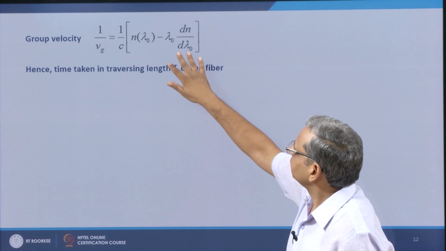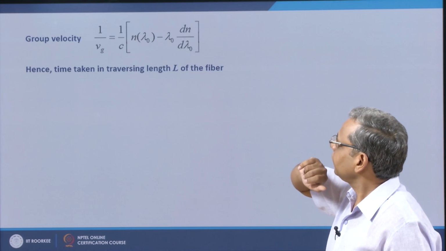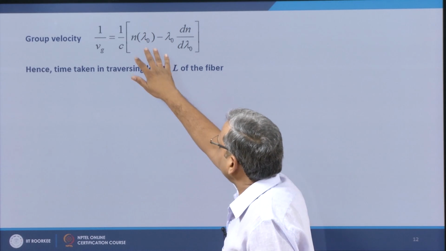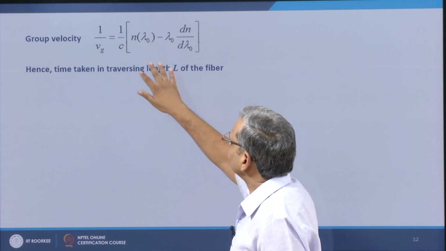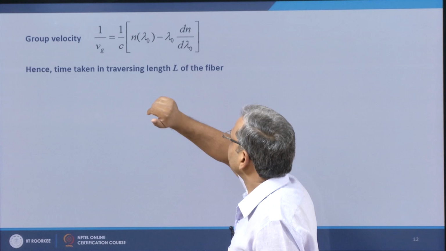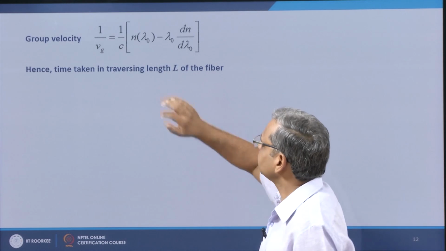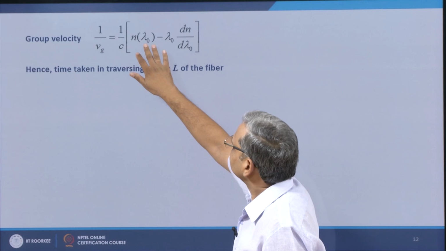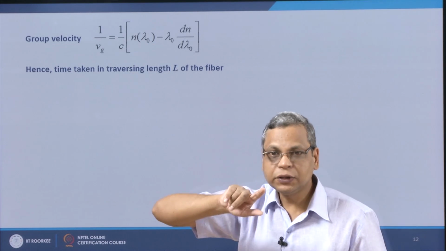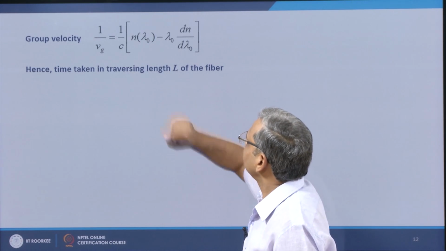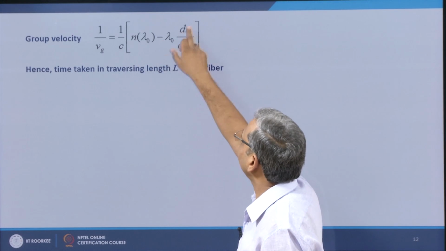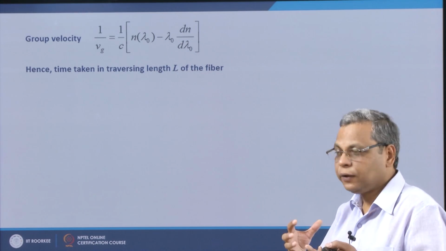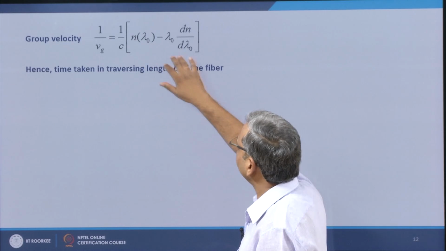From here you might think that the refractive index which is felt by the group of waves has decreased. You can see that the refractive index going from an individual wave to a group of waves changes to n of lambda naught minus lambda naught times dn over d lambda naught. So, the group of waves will feel this refractive index of the medium.